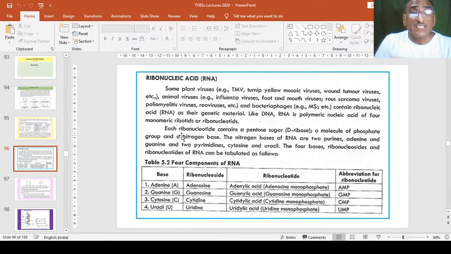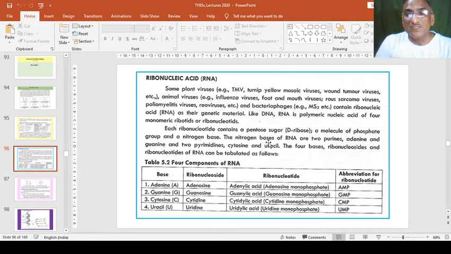Now each ribonucleotide contains a pentose sugar, D-ribose, a molecule of phosphate group, and a nitrogen base. The nitrogen bases of RNA are two purines, adenine and guanine, and two pyrimidines, cytosine and uracil. So these are the nitrogen base structures of RNA.